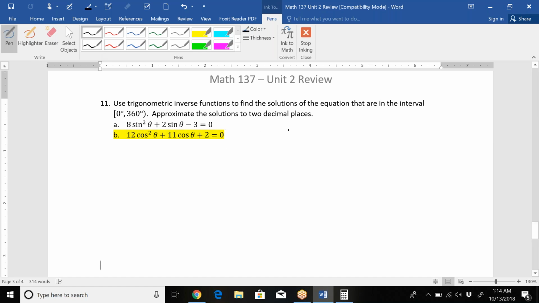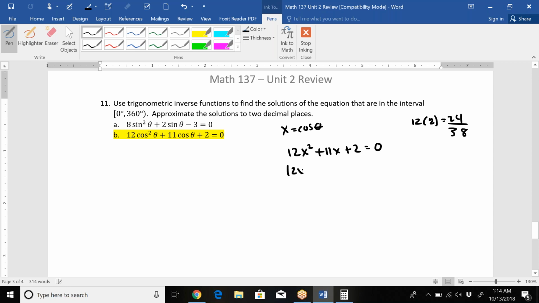So if I think of x being cosine theta for this one, then this would be 12x squared plus 11x plus 2 equals 0. So I want to try to factor this, but I don't believe it will, because 12 times 2 is 24. And factors of 24, oh, actually this one might factor. Let's see, that'd be 3 and 8.